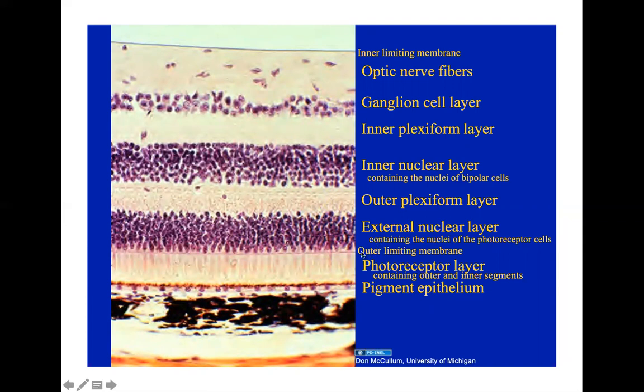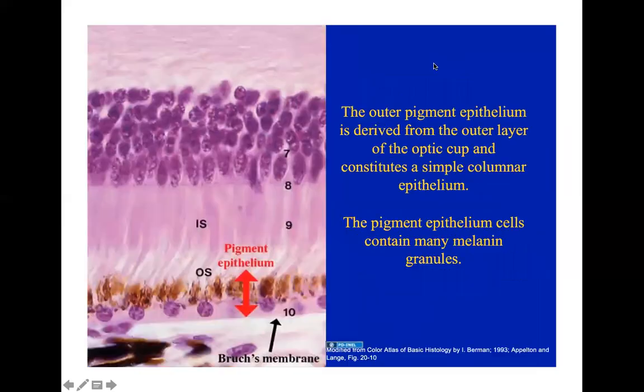Then you have your outer limiting membrane here. Then your external nuclear layer. This one contains the nuclei of the photoreceptor cells. Outer plexiform, then you have your inner nuclear layer. This one contains the nuclei of the bipolar cells. And the innermost layer is the inner limiting membrane.